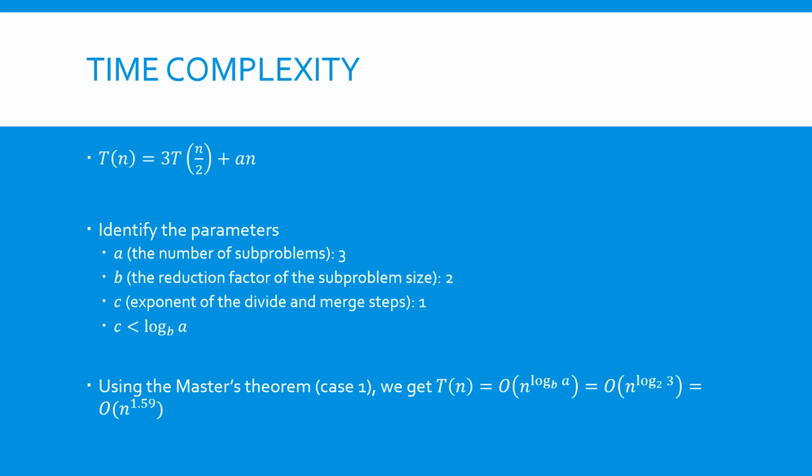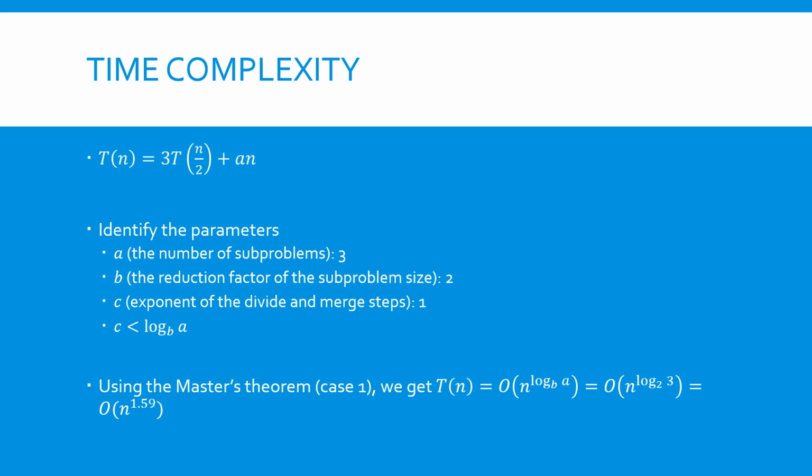Here, each larger problem is reduced into 3 subproblems, so A is 3. The size of each subproblem is reduced to half of the original problem, so B is 2. Finally, the divide and merge steps can be finished in linear time, so C is 1.